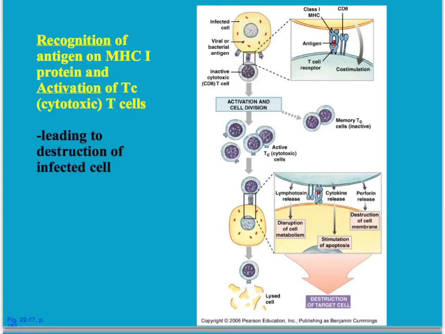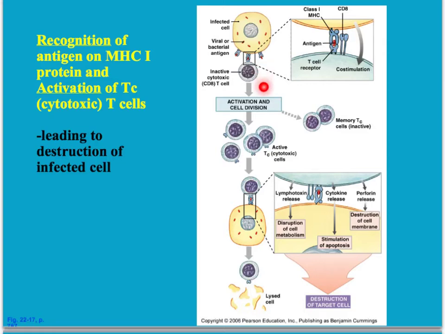Now, what's got to happen here is that this infected cell is going to interact with a cytotoxic T cell that's going to have a receptor. This T cell receptor right here is going to be specific for that antigen as well. Okay, so this cytotoxic T cell receptor is specific for that antigen. And so once you get this sort of binding going on, there's that co-stimulation thing, which I said is just a double check process that you don't need to worry a lot about.